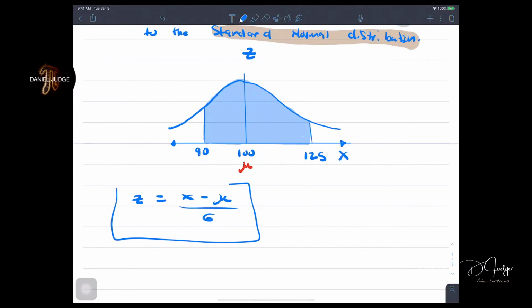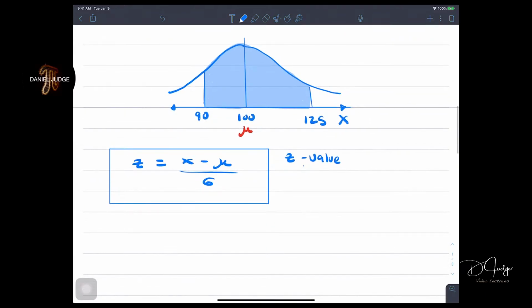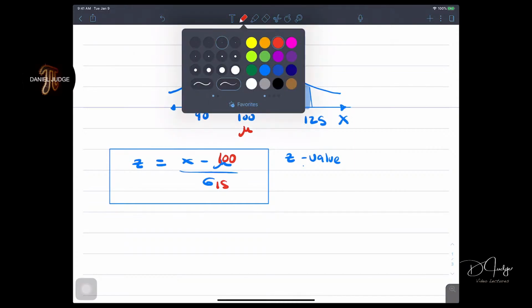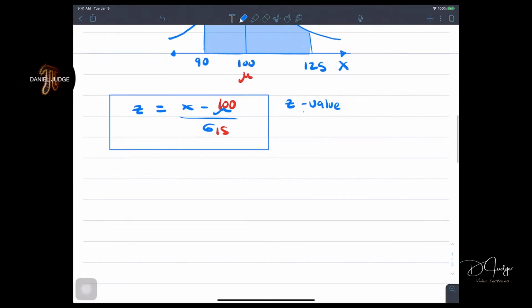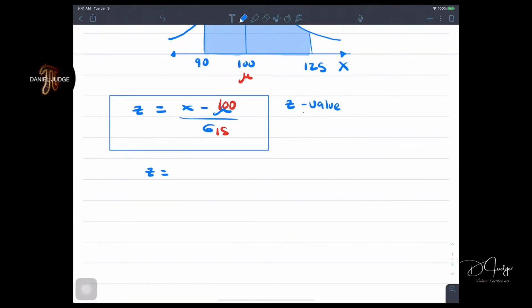That's something you should remember. That's the z value. In this case, we know mu is 100 and sigma is 15, so the conversion formula is x minus 100 over 15.